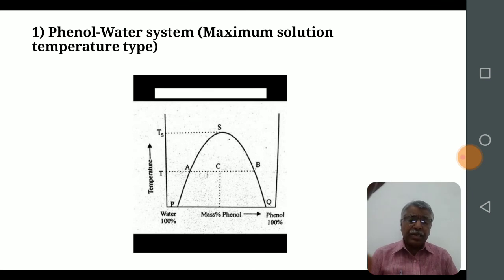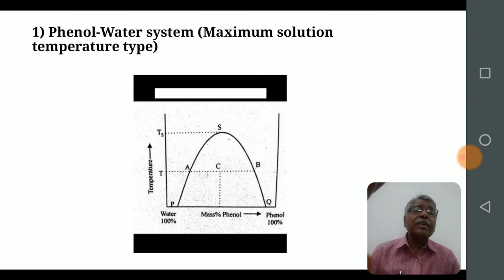When the temperature and composition of a mixture are represented by a point C within the parabolic curve, the system consists of two layers of compositions represented by the points A and B.